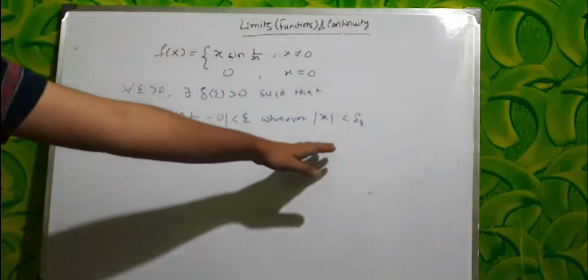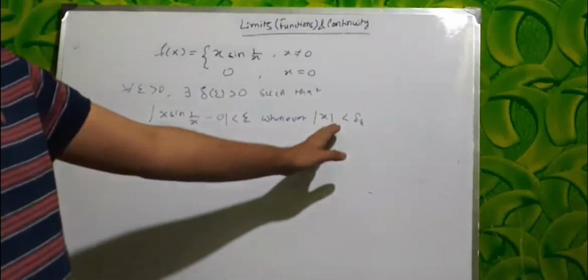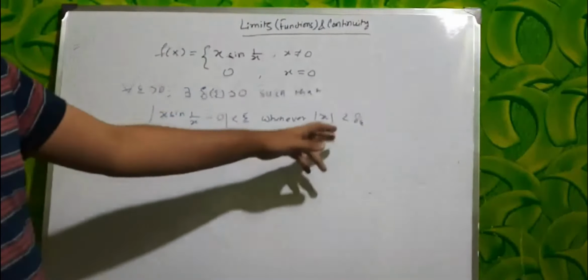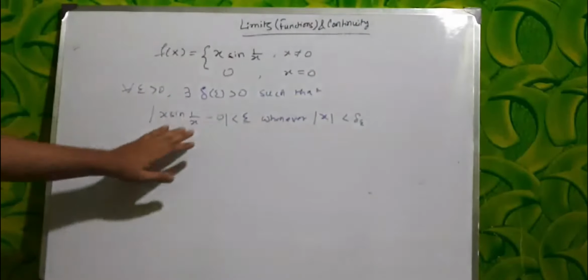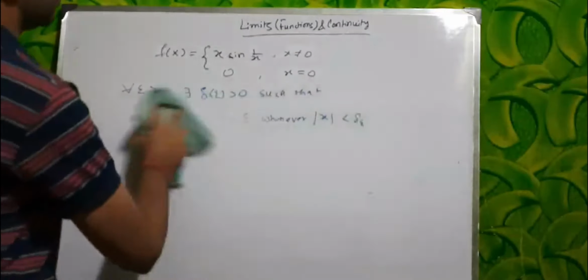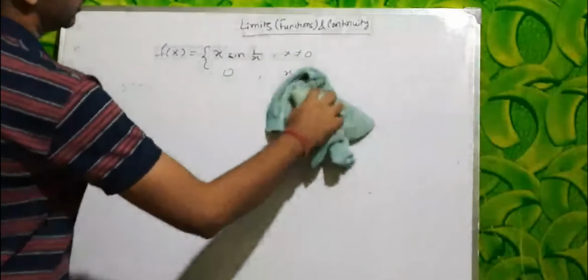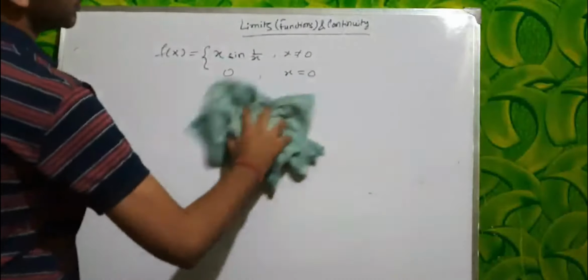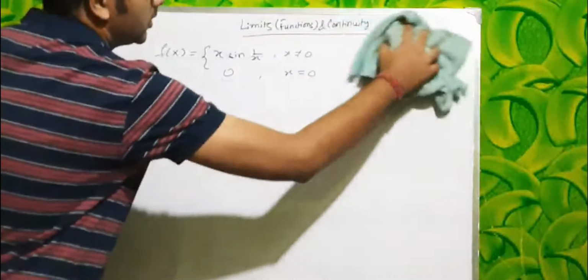So you can always give me an epsilon, and I can always find a delta such that mod of x is less than delta, and then this thing is going to be less than epsilon. So x into sine of 1 by x is always continuous in this case, where f of 0 is 0. If you change f of 0, what will happen? If we change f of 0, then it will not be continuous at 0.